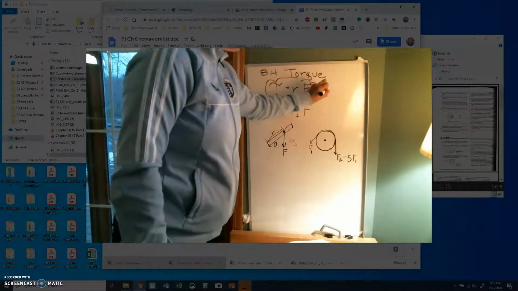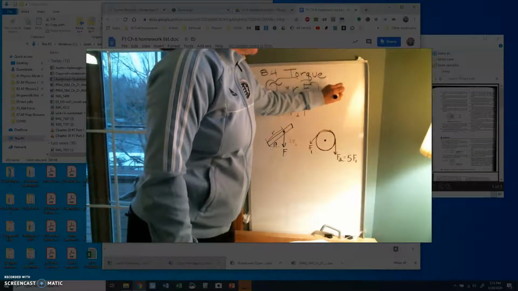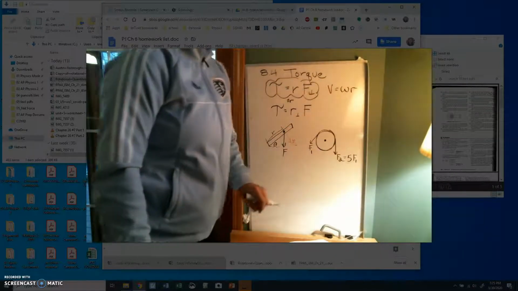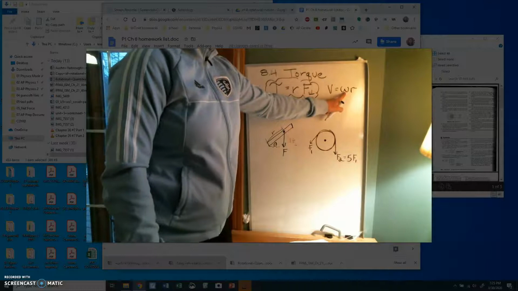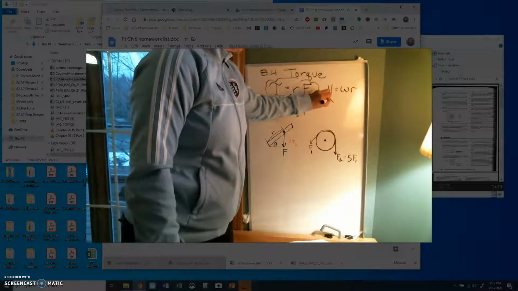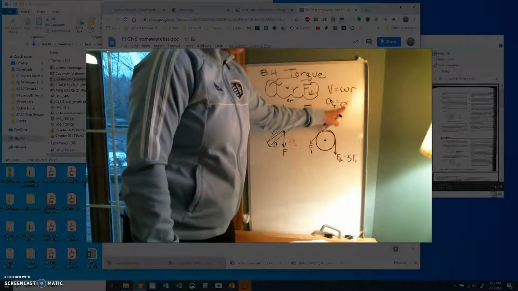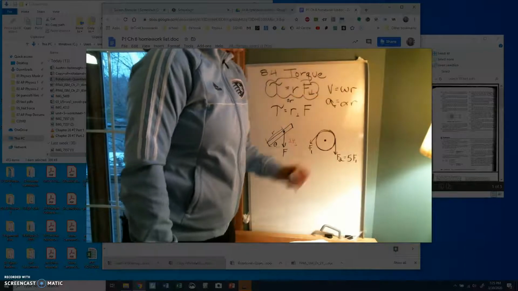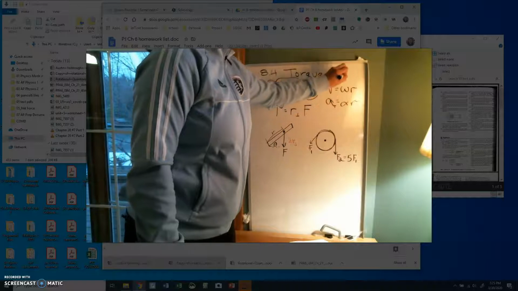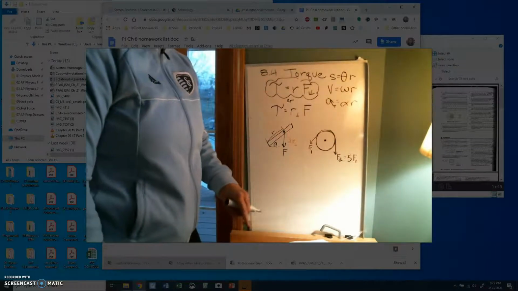For instance, if I wanted my velocity and I had my omega, the angular velocity, I'd multiply it by r. If I wanted my tangential acceleration, I'd find my angular acceleration and multiply by r. If I wanted my arc length, or the distance traveled, I'd take my angular displacement times r.